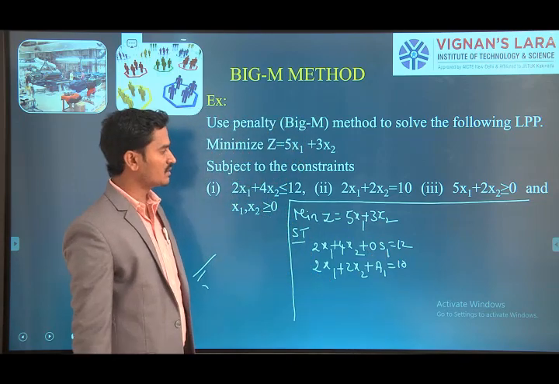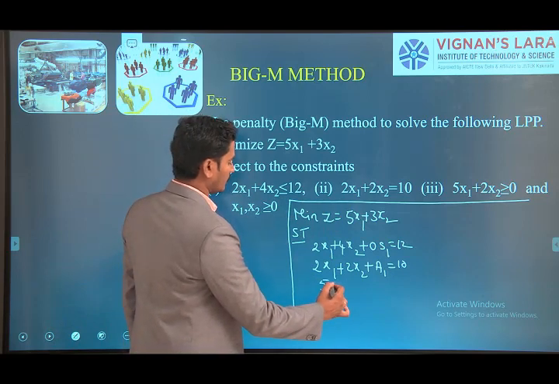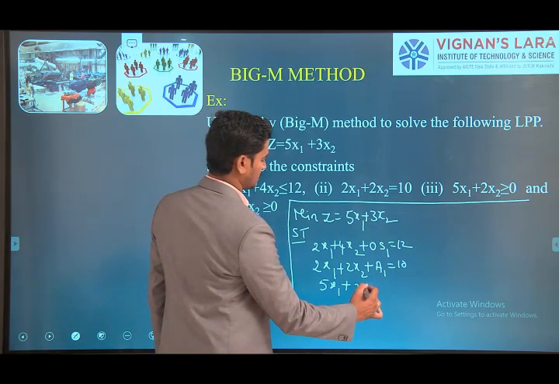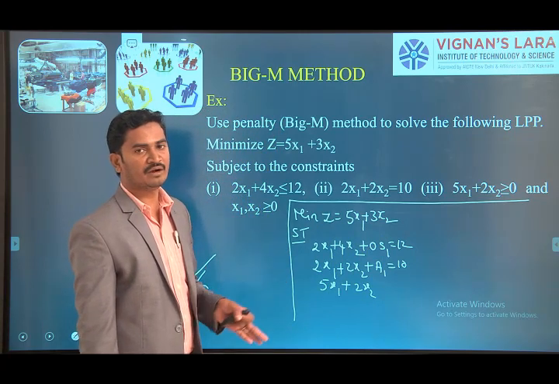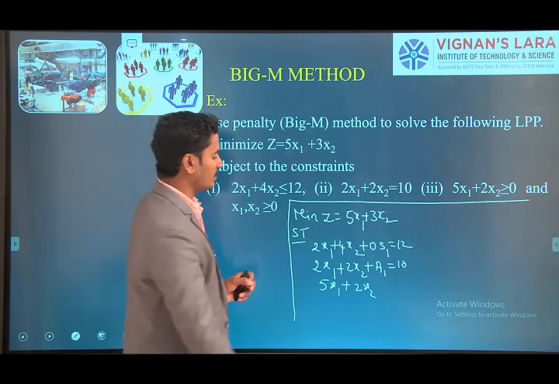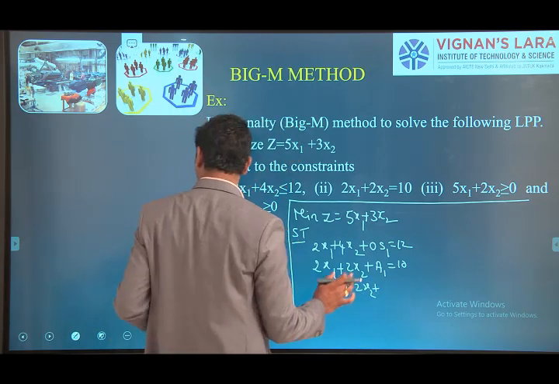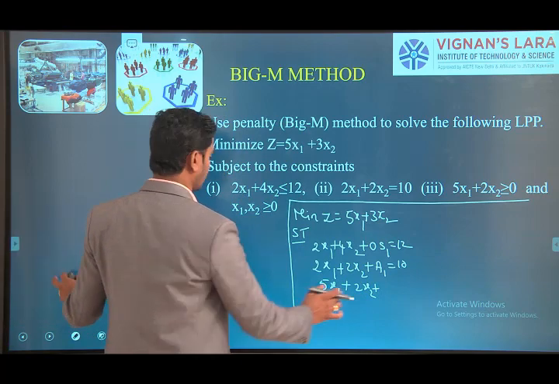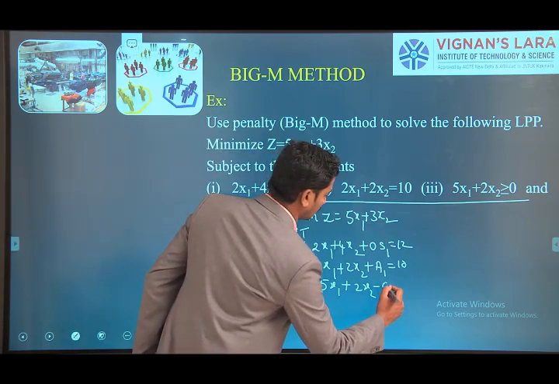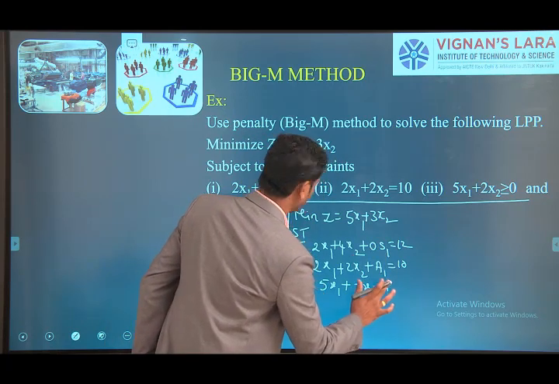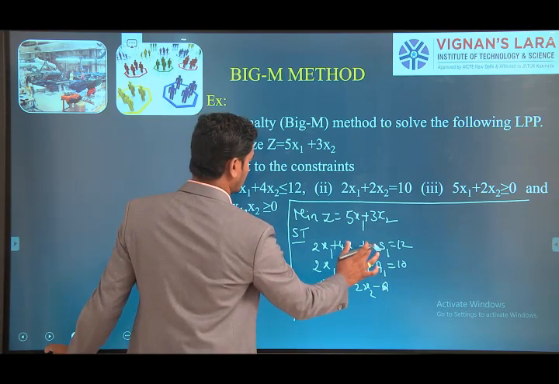Next, coming to the third constraint, 5x1 plus 2x2 greater than or equal to 0. Because it is greater than or equal to, we convert this inequality into equality by adding a surplus variable. 5x1 plus 2x2 minus the surplus variable, we take it on the negative side.